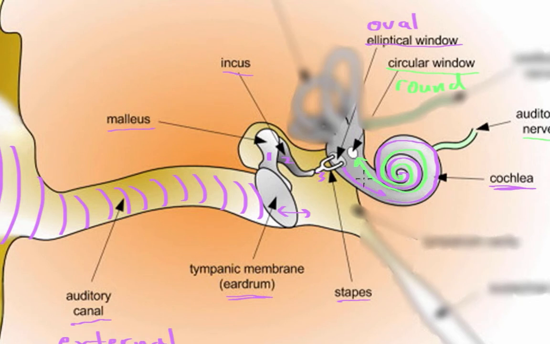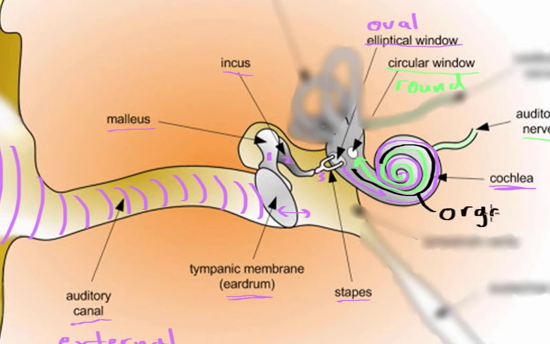Now, the reason that the fluid doesn't move back to the oval window when it goes to the very tip of the cochlea is because in between, in the very middle of the cochlea, is a membrane. So I'm going to use this black line to demarcate the membrane that runs along the length of the cochlea. This membrane is something known as the organ of Corti.